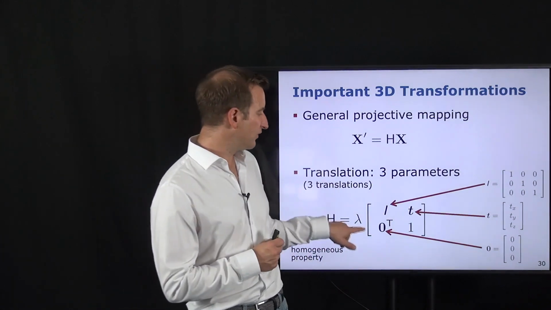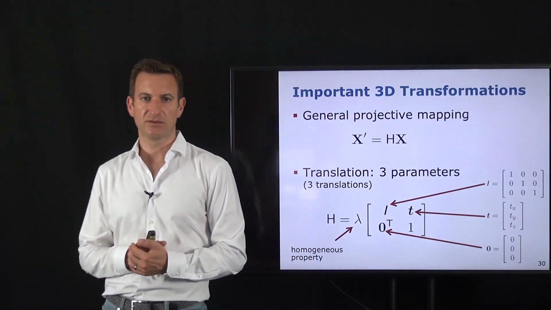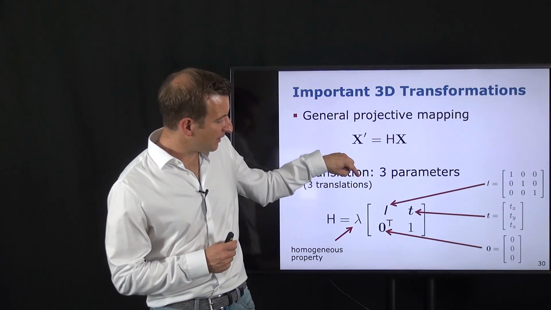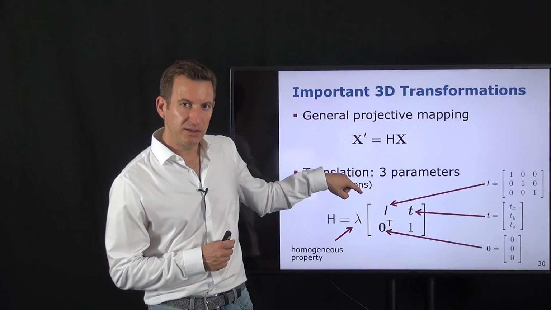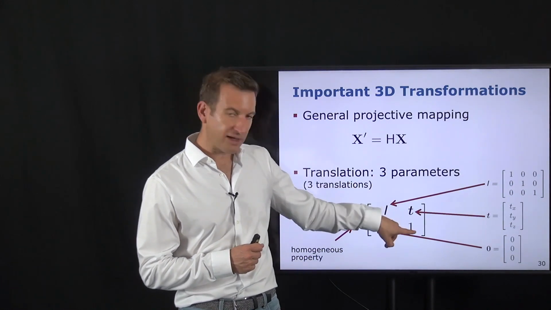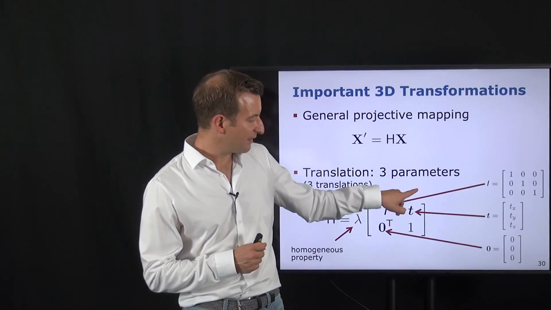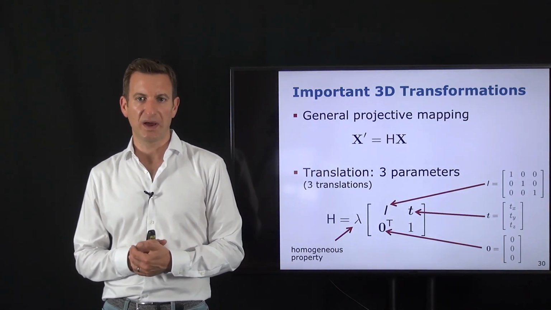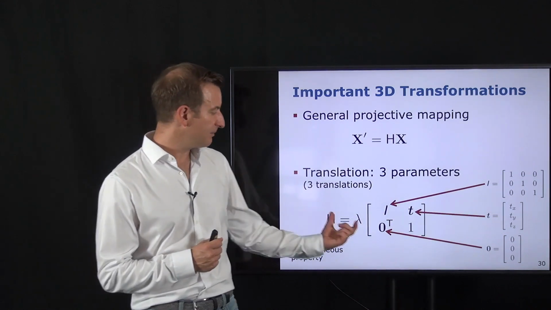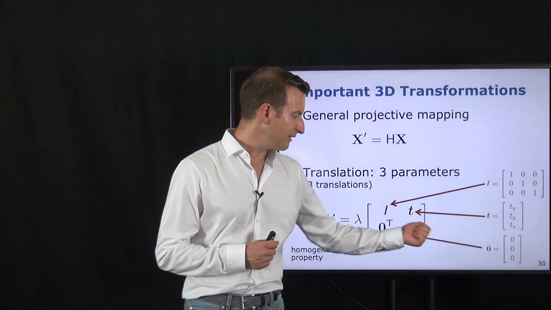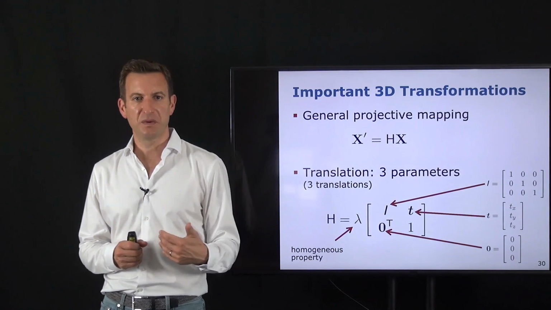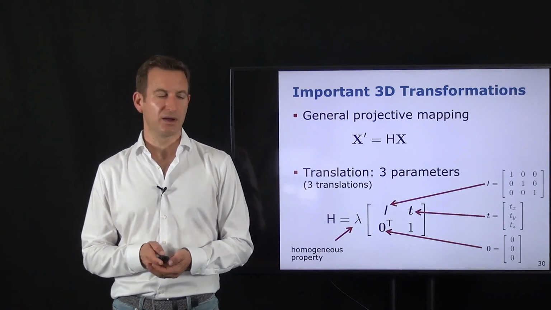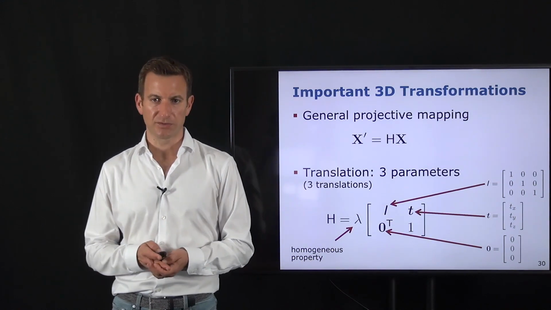So this is a matrix which is basically a 4x4 identity matrix, with 1 on the main diagonal, except that the last 3 values over here contain the translation vector tx, ty, tz. And if I then multiply a point on the right-hand side by this matrix H, it's equivalent to shifting the point, translating the point in our three-dimensional world.